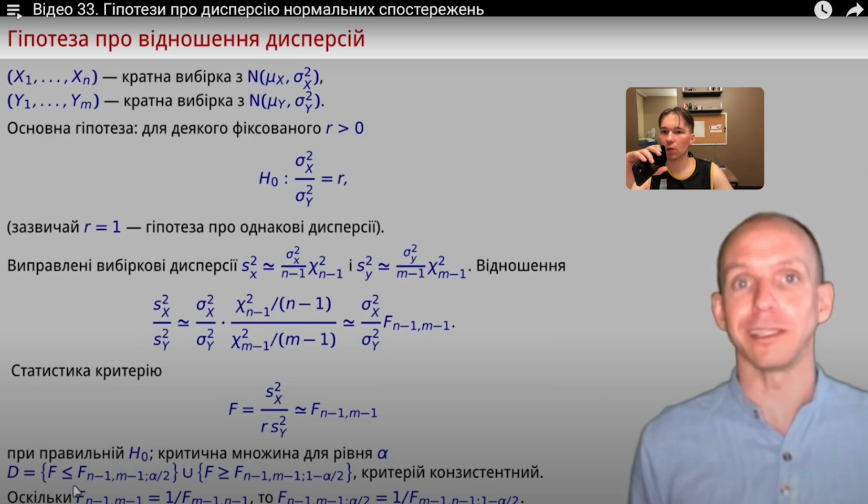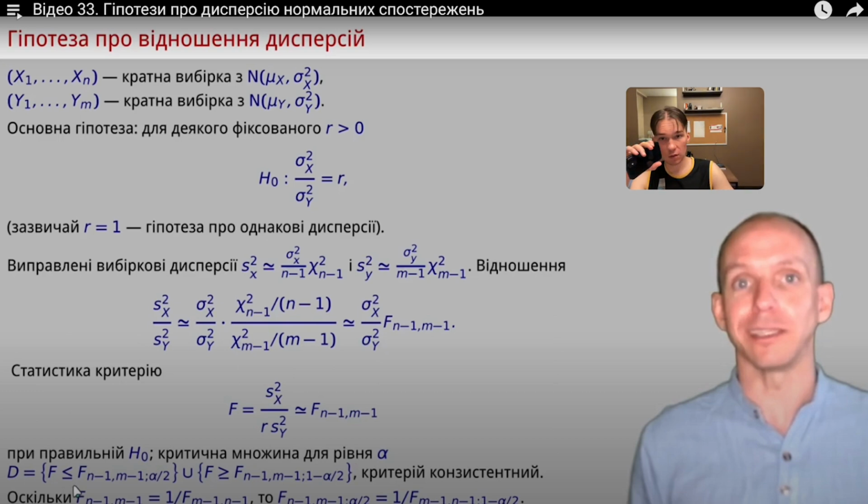Again, obviously. So we use S squared, which is 1 over n minus 1 times the sum from i equals 1 up to n of xi minus the sample mean to the power of 2, as we just saw in the previous video.